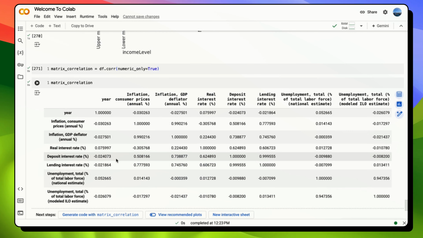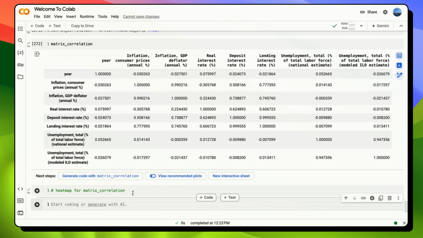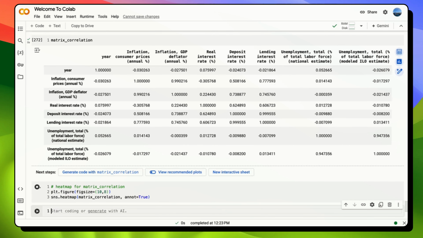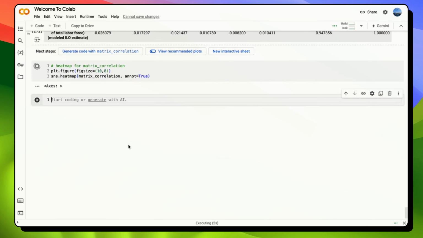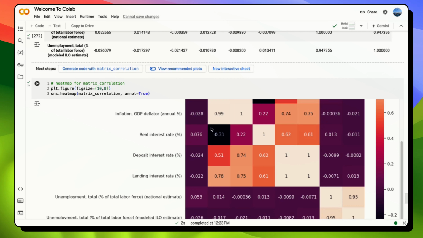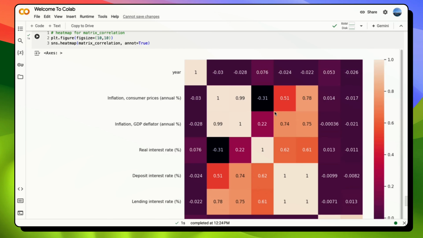Tons of empty data. I'm supposed to, are we missing something?